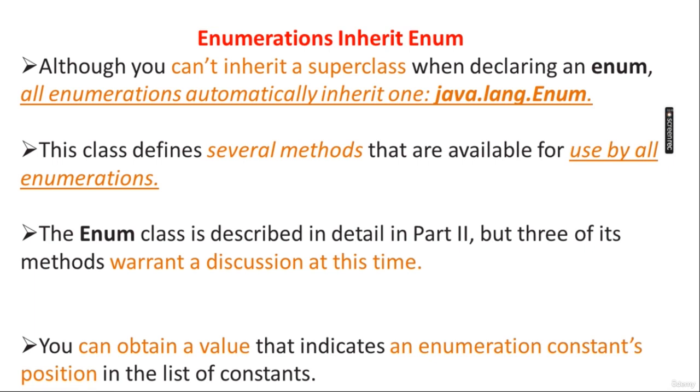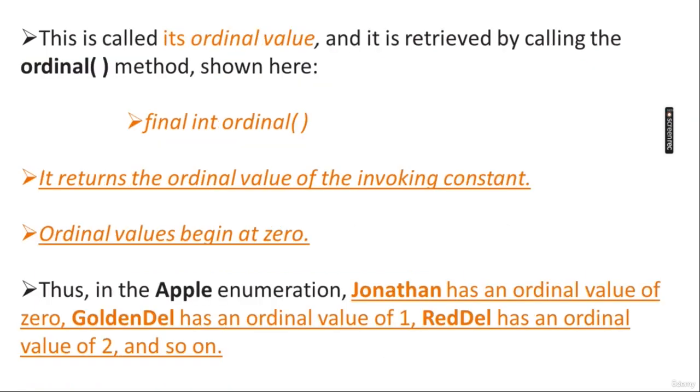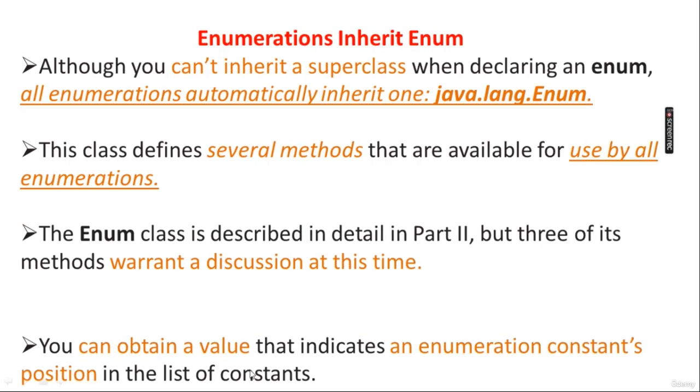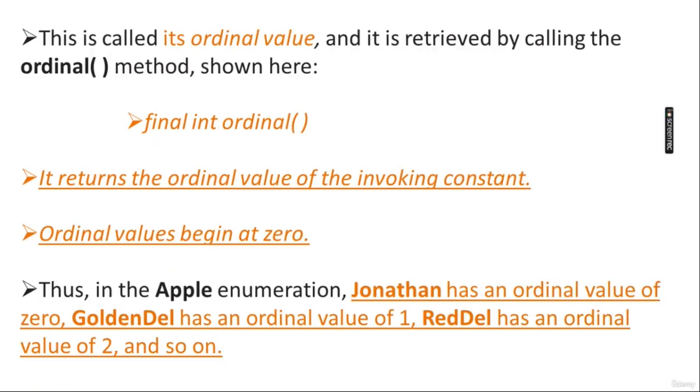You can obtain a value that indicates the enumeration constant's position in the list of constants. This is called its ordinal value. Okay, so you can obtain a value that indicates at which position the constant is stored in the enumeration's list of constants. Its ordinal value is retrieved by calling the ordinal method, shown here: final int ordinal.